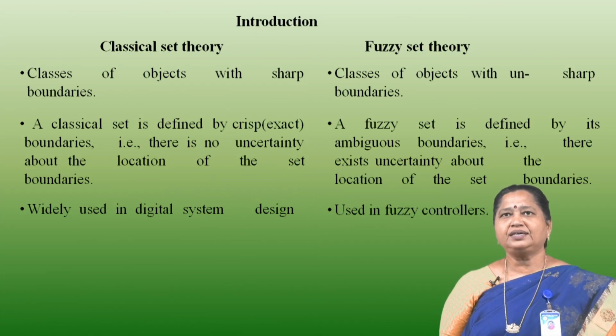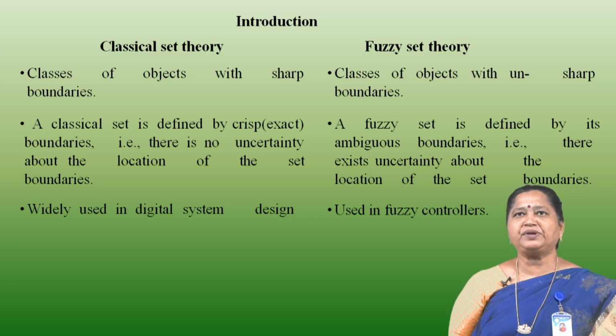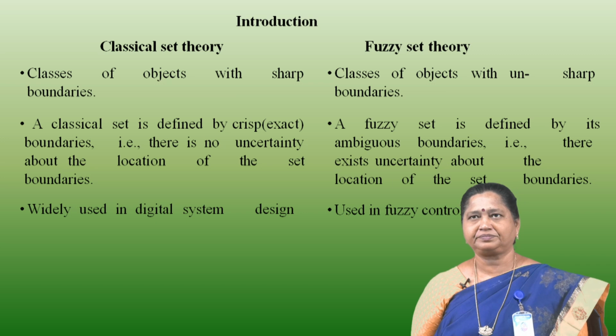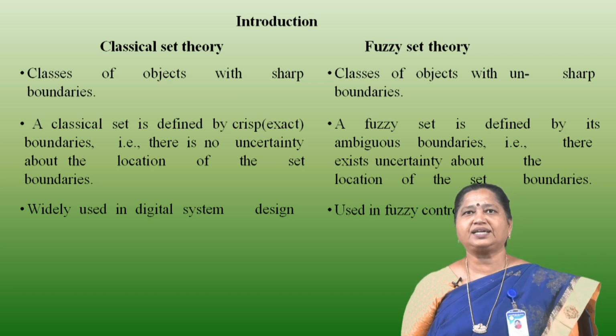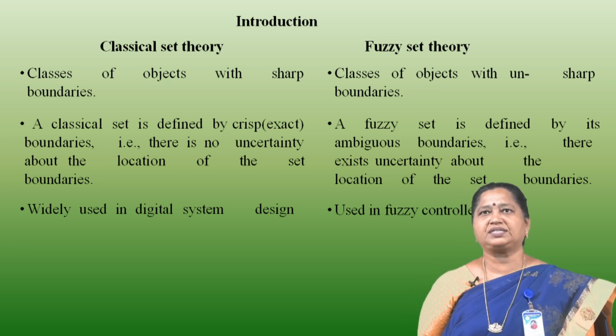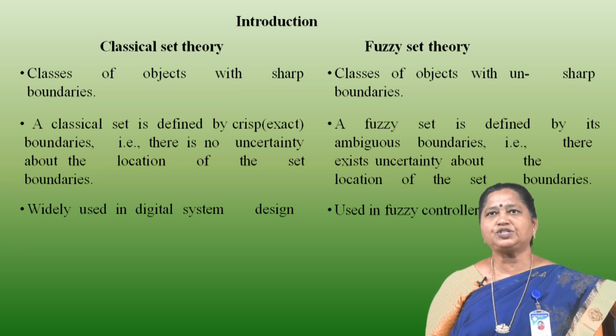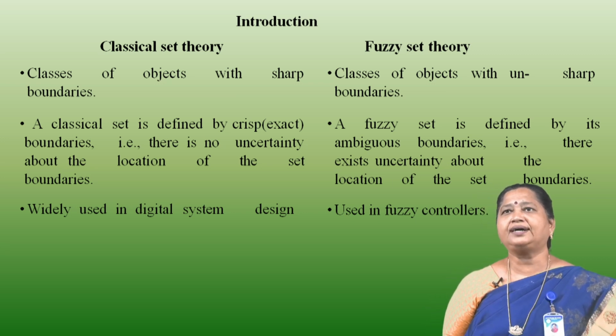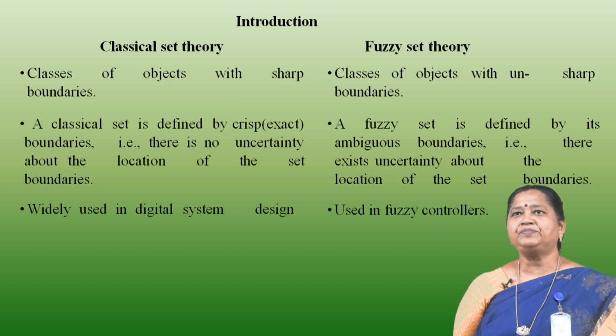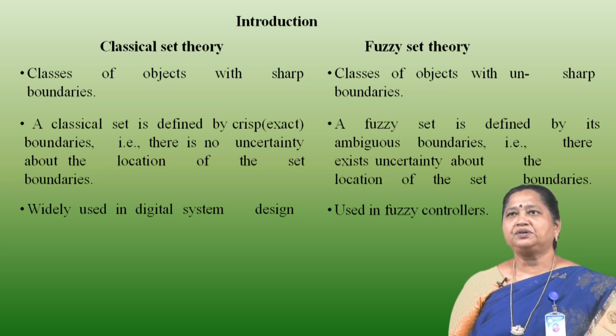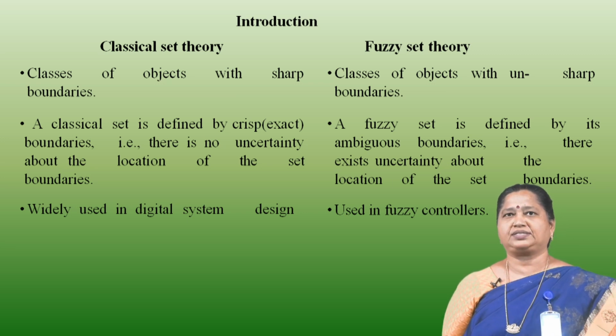We will see the difference between classical set theory and fuzzy set theory. Classical set theory deals with classes of objects with sharp boundaries. In fuzzy set theory, there are classes of objects with unsharp boundaries.